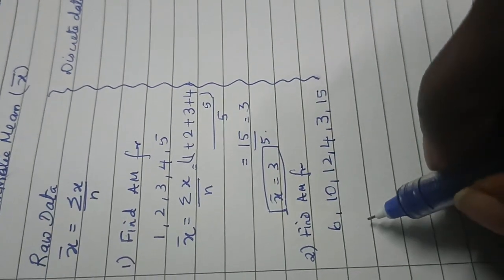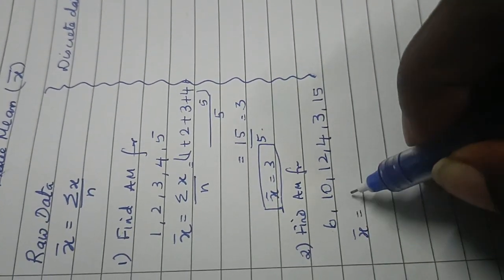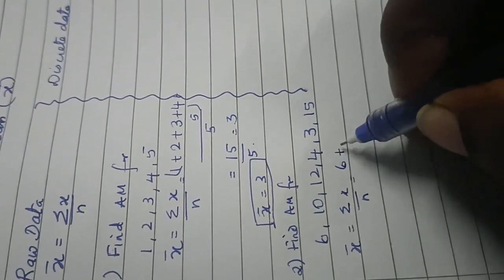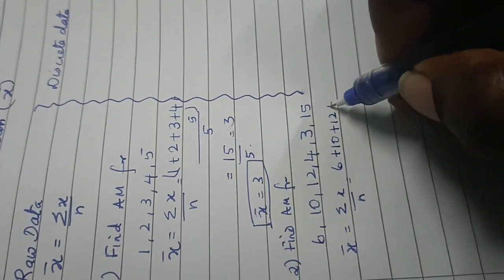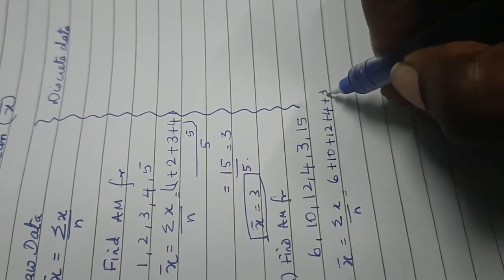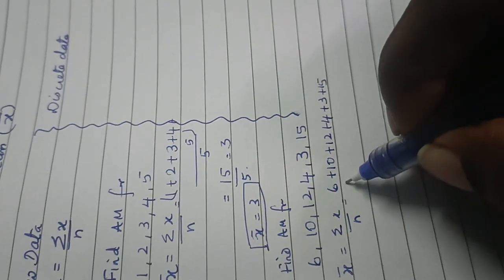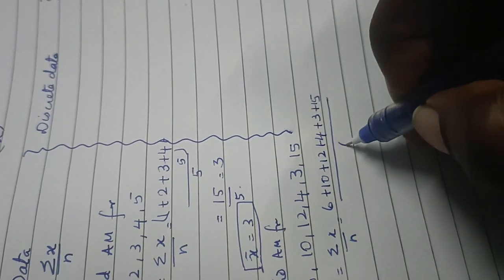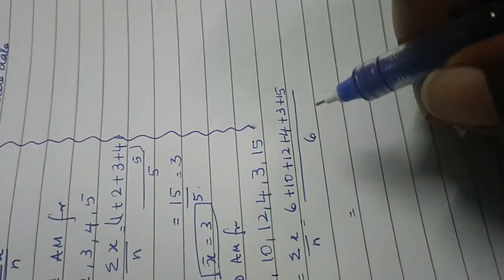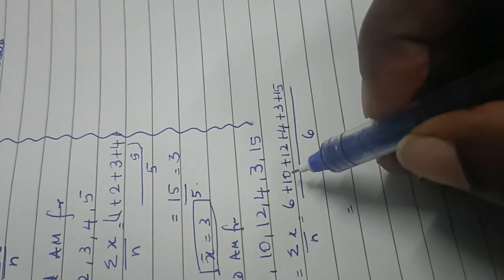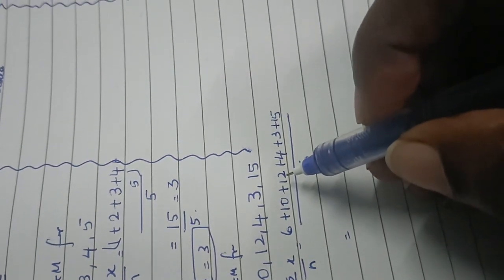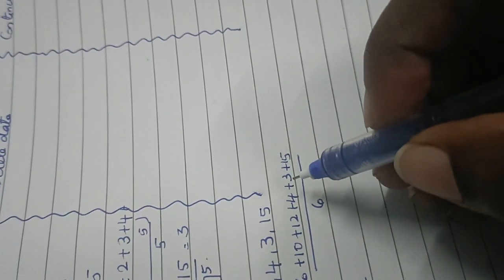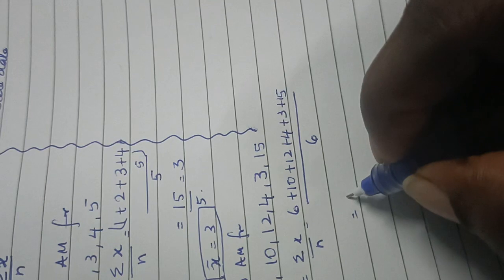Here again x bar equals summation x by n. 6 plus 10 plus 12 plus 4 plus 3 plus 15, divided by the number of values, 1, 2, 3, 4, 5, 6, so divided by 6. Now we're going to total: 16, 26, 28, 32, 35, 50.